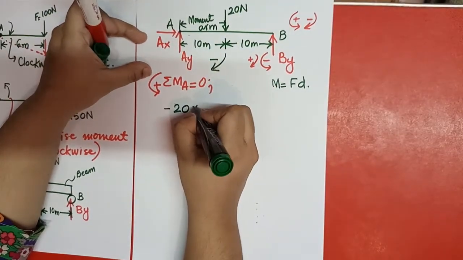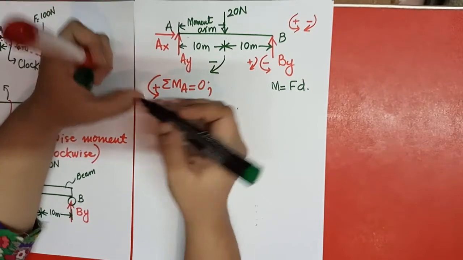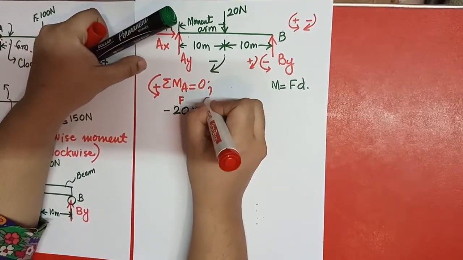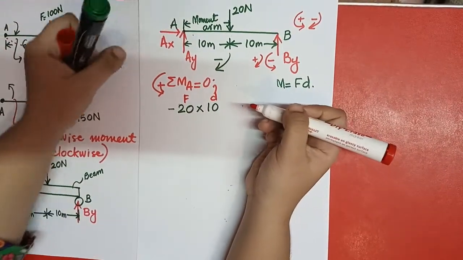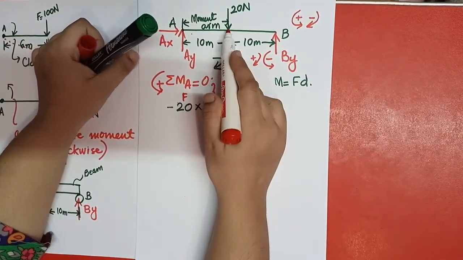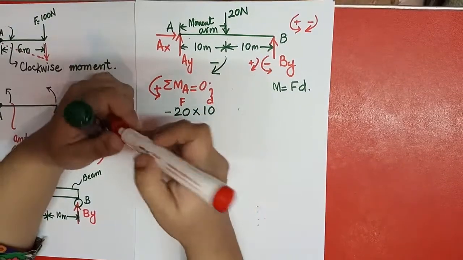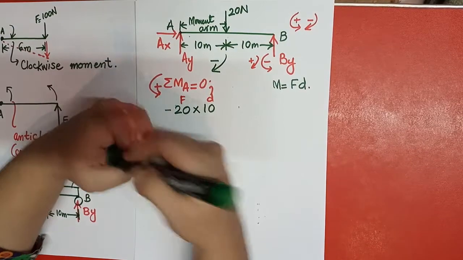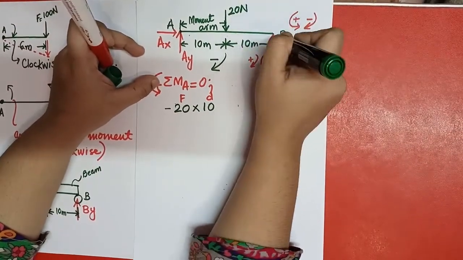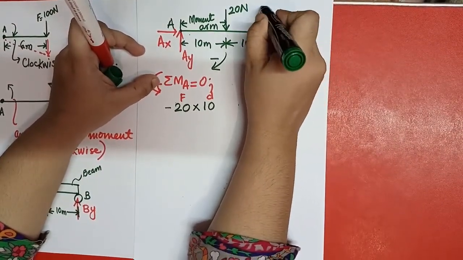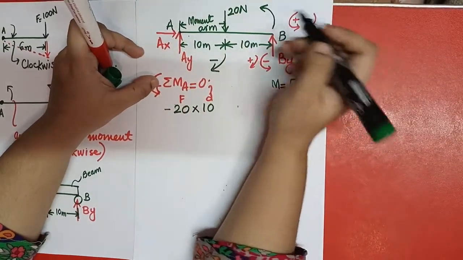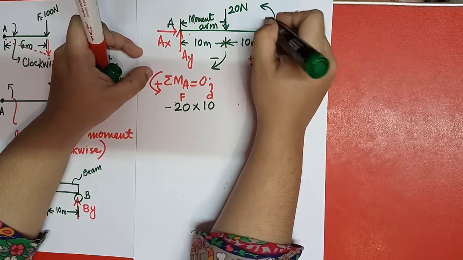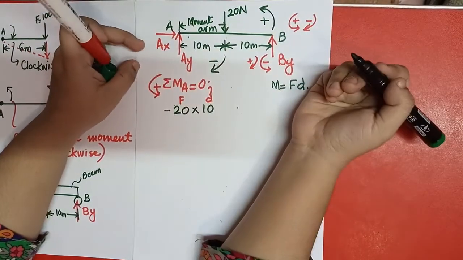So you have to multiply with that. This is force F and this is the distance, or moment arm, between point A and the force. Now there is a support reaction, and if I rotate it, its direction is upward, so it will rotate about point A in the anti-clockwise direction, which I have already taken as positive.